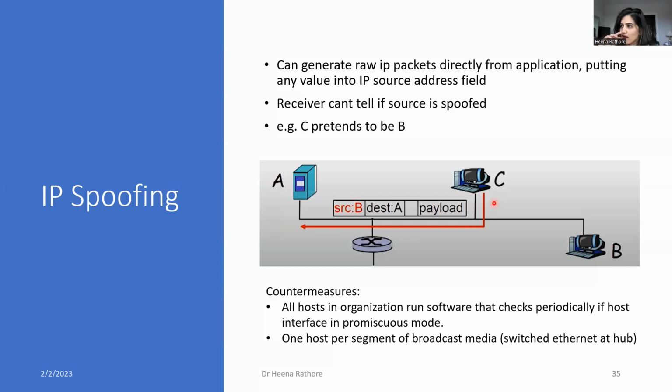It can check whether these are valid packets or valid IP addresses or not, which can be done in order for us to check IP spoofing. So that's one kind of attack that can happen.